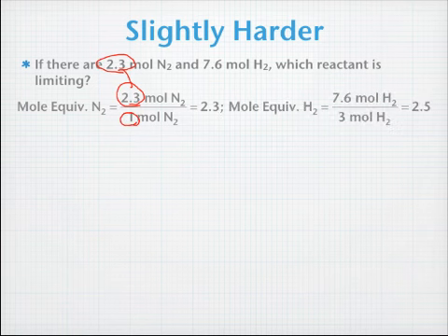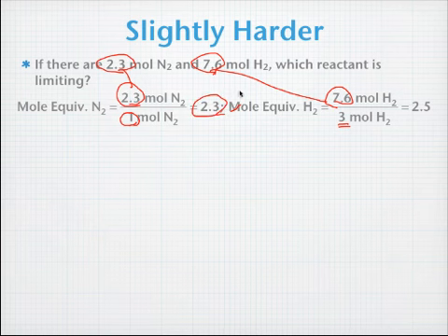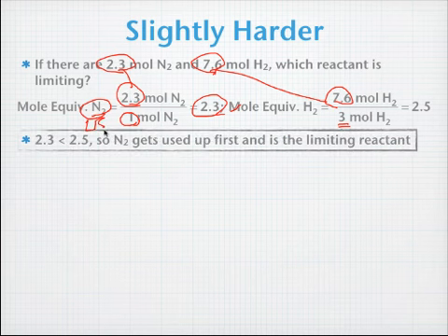For hydrogen, we're going to take our 7.6 moles of hydrogen and divide that by the 3 moles of hydrogen in the balanced chemical equation. In this case now the 2.3 mole equivalence of nitrogen is lower, and so the nitrogen is going to be the limiting reactant. It gets used up first, and it will control, as all limiting reactants do, all the rest of the stoichiometry that goes on with this reaction.